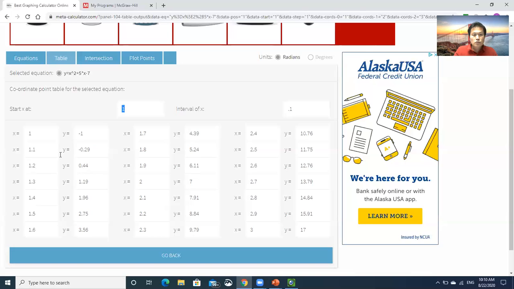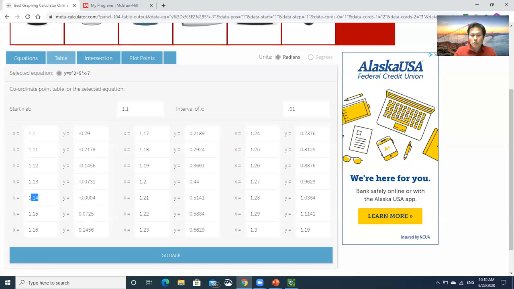Since you know it's between 1.1 and 1.2, I'm going to set the start value as 1.1, and I'm going to change the interval to 0.01 this time. Starting from here: minus, minus, minus, minus, minus, plus. Do you see the y value was minus here, and it changed to plus here. So it's between 1.14 and 1.15.